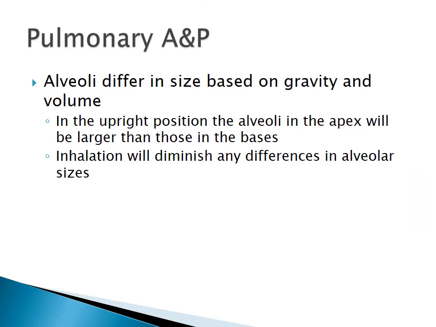All right, so alveoli differ in size based on gravity. I'm standing upright, and I am breathing spontaneously, okay? So the alveoli in my apex are larger or smaller than in my base? Larger, right? So there's a pressure difference in my body right now.